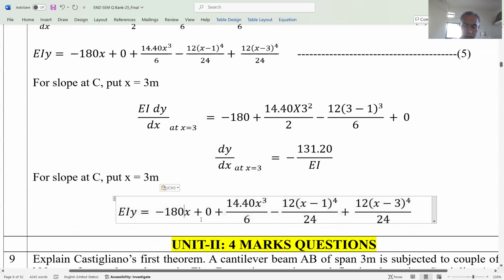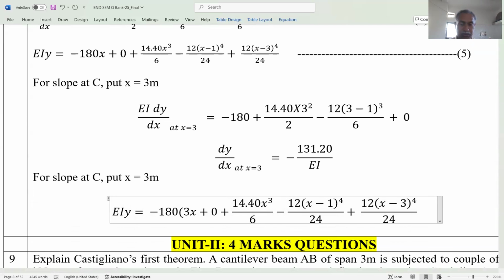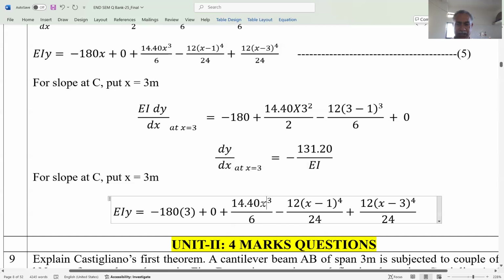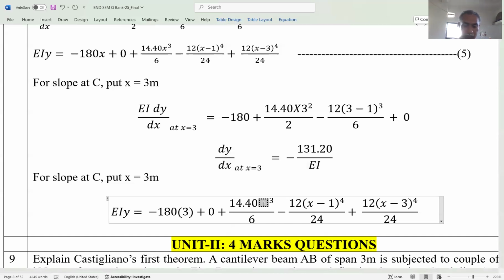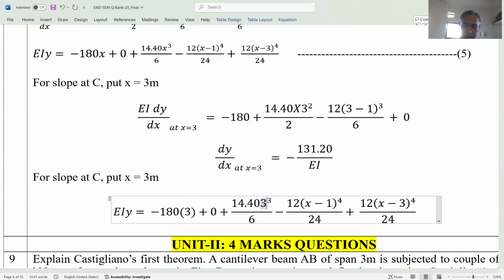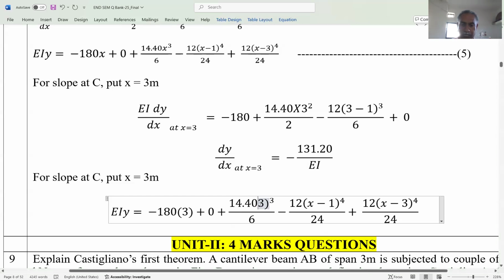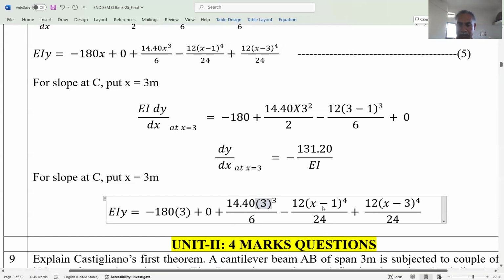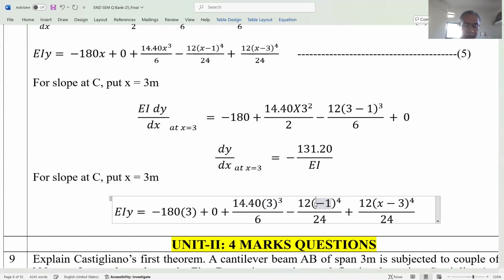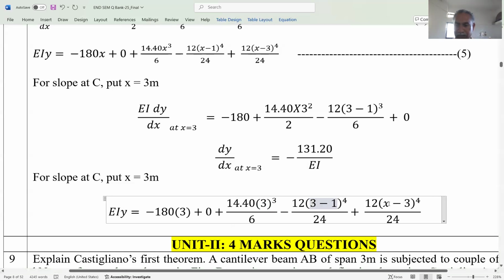So I put x is equal to 3 meter, plus C2 which is 0, and then again x to the power, that is 3 meter, minus 1 to the power 4, and 12 into (3 minus 3), which is 0. That's why this term vanishes, and we get the deflection at C. In this way, we can solve the problem.